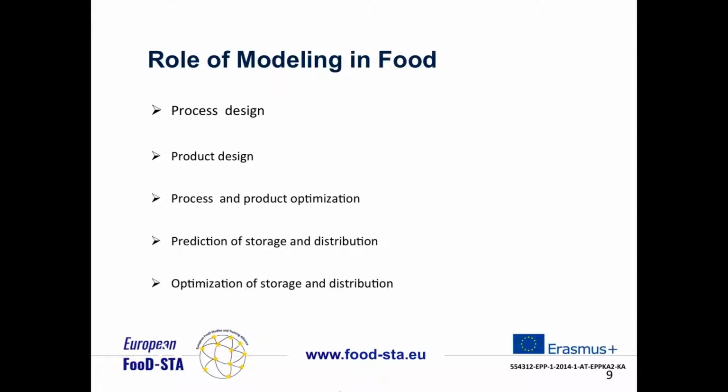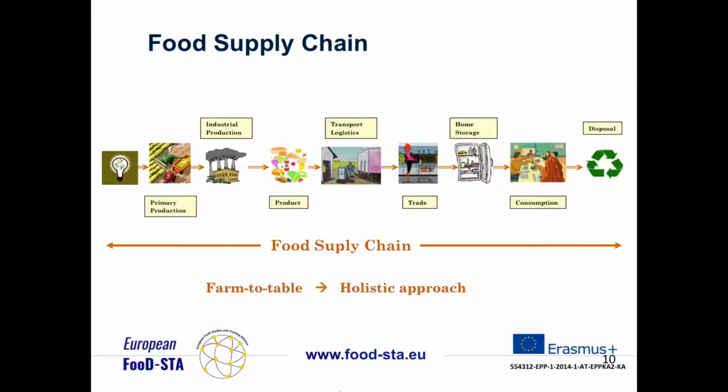So the role of modeling food can be to design a process, design a product, optimize the process and product, predict safety and quality along storage and distribution, or even optimize the conditions of storage and distribution. Modeling can be used along the whole supply chain, from primary production till consumption.